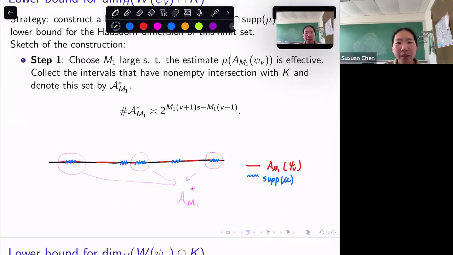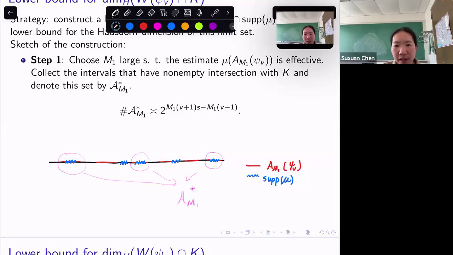First, we choose M1 to be a large number such that the estimate of A sub M1 psi V is effective, which means the main term majorizes the error term. And we collect those intervals that have non-empty intersection with K and denote this set by A sub M1 star.